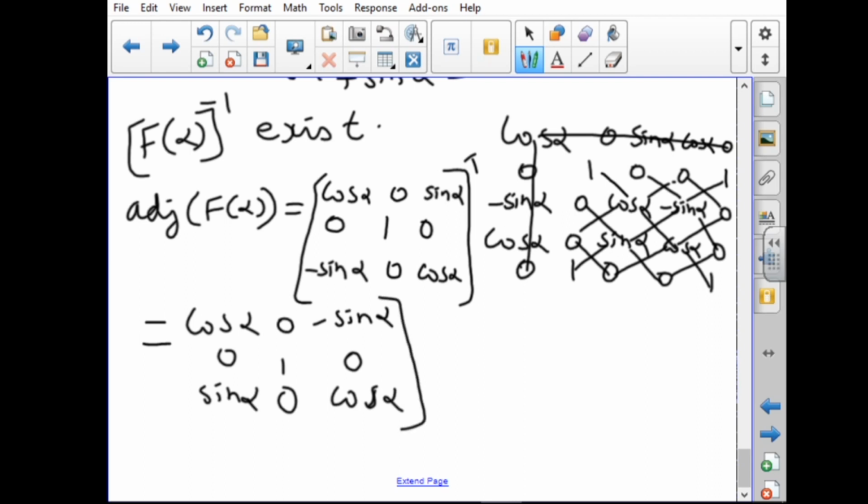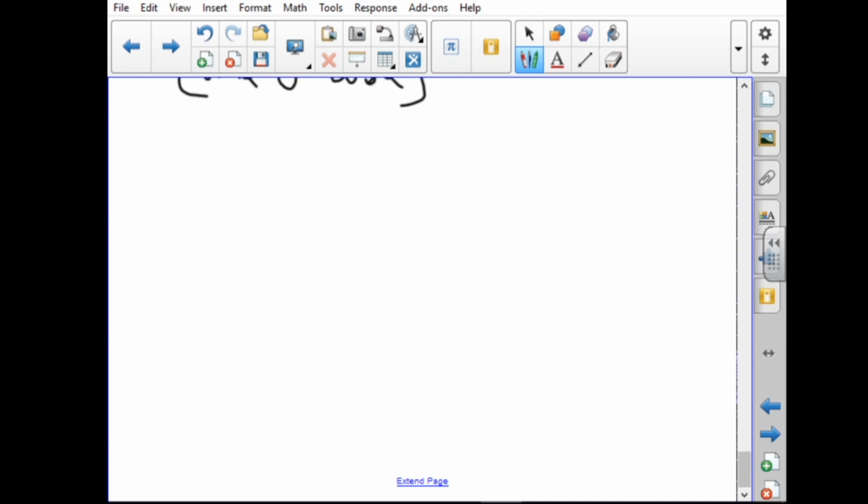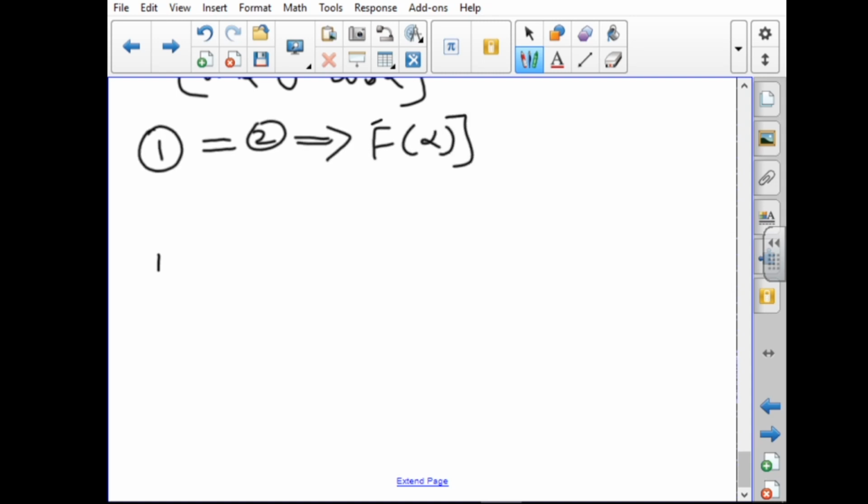So this you take as number 2. Comparing 1 and 2, both will be equal. So 1 is equal to 2, therefore which tells you that f of alpha the whole inverse is equal to f of minus alpha. Hence we have proved the result.